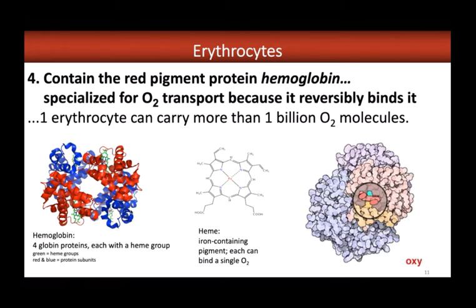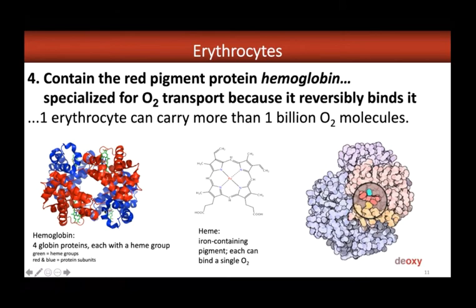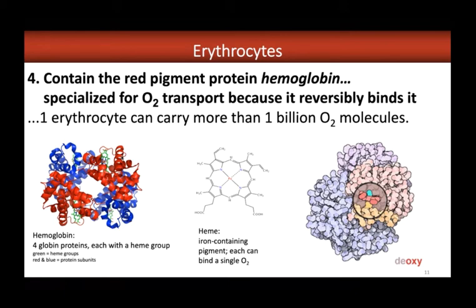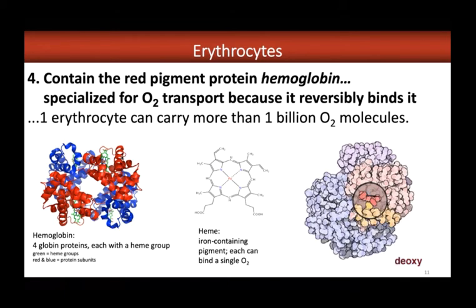Then the secondary level of structure, which has to do with alpha helices, which you see a lot of in hemoglobin, or the beta pleated sheet. Tertiary has to do with the R groups interacting. And then quaternary is when you have multiple proteins coming together to make a super protein.